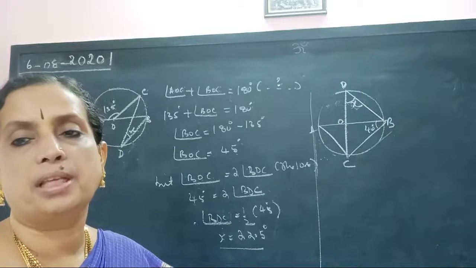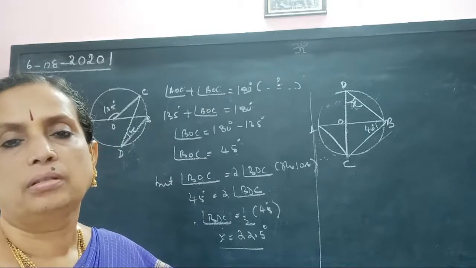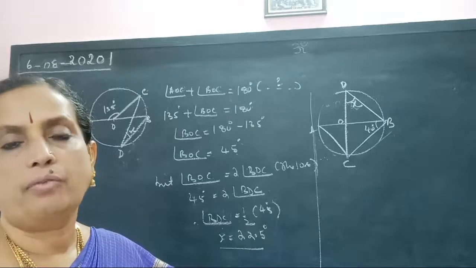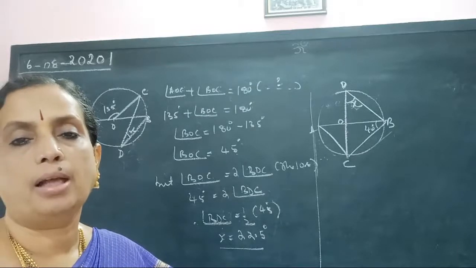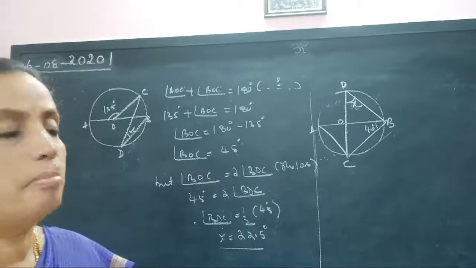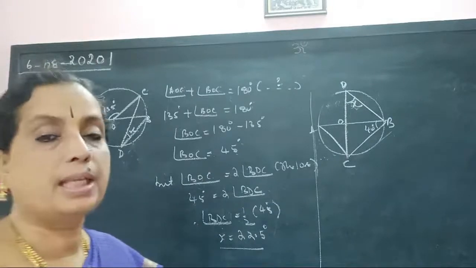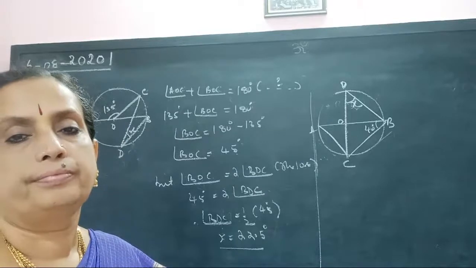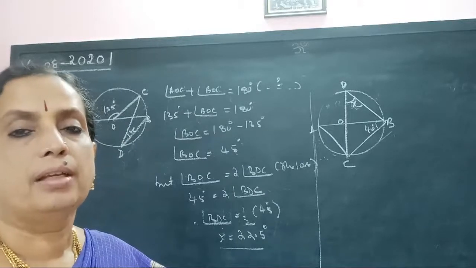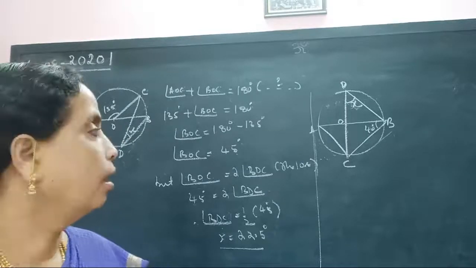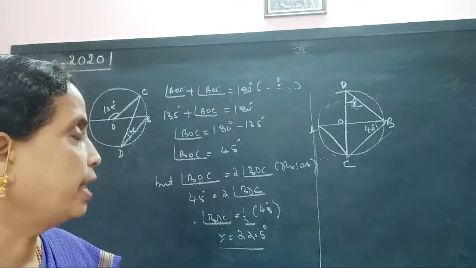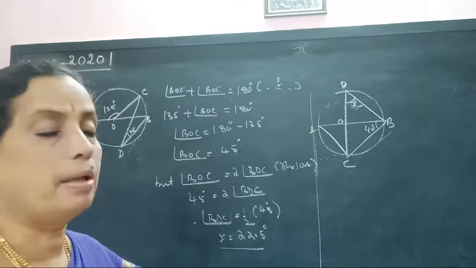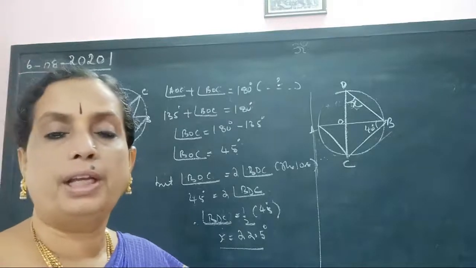Vijay Kumar BC, I didn't ask the value of X. I am asking what is the measure of angle ACB. Answer to my question. 90 degree. Yes, Divya. ACB is 90 degree, therefore angle CAB will be 50 degree.